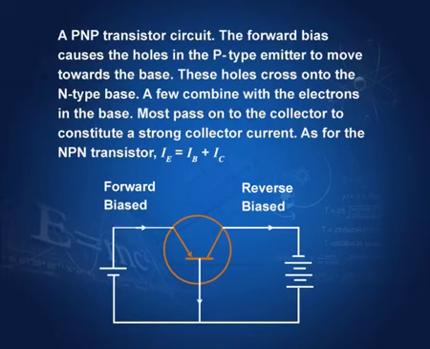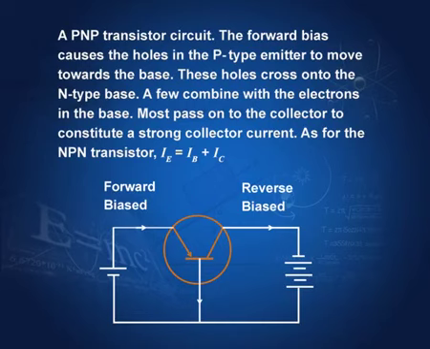Again, to repeat the same thing, this is PNP, you can see from the arrow going inside. If you compare with the previous figures, you will see the polarities have been reversed here. The current in this case goes out of the collector, while in the NPN it goes into the collector, and the current goes out of here and then into here.